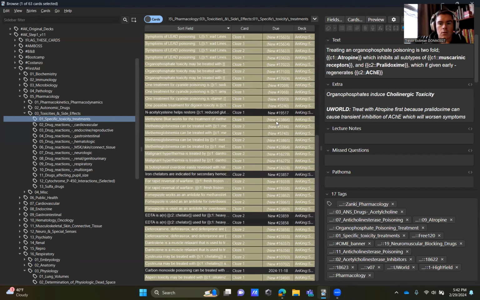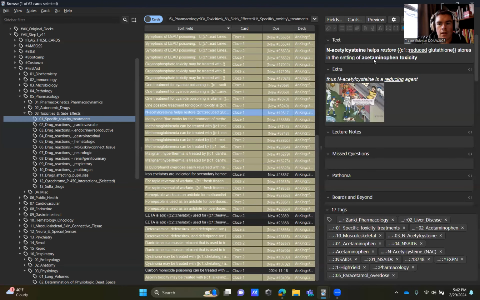So those cards there, and then you could scroll down and you won't miss any here. And you want to find, again, N-acetylcysteine helps restore reduced glutathione, which we know what that's from. Reduced glutathione is in the reactive oxygen species lecture content. So I thought that would be helpful.